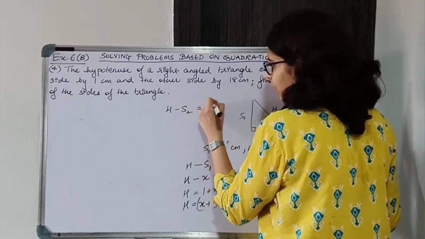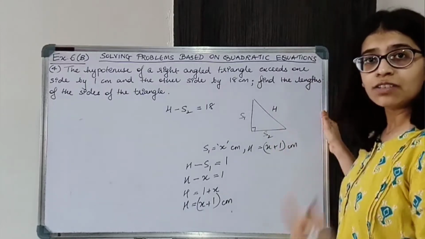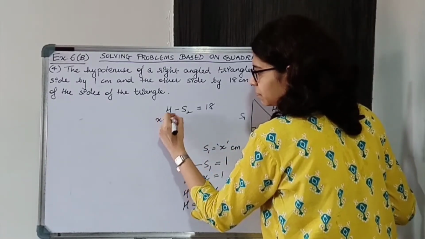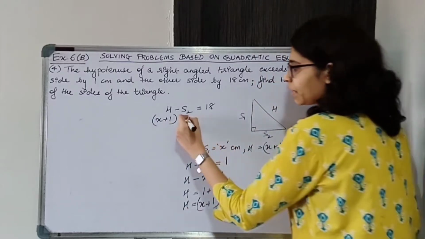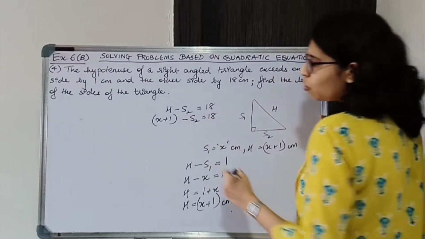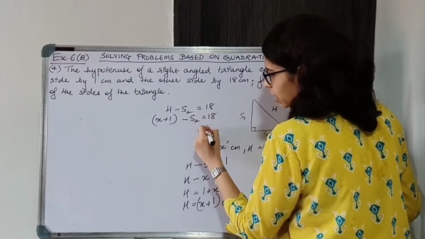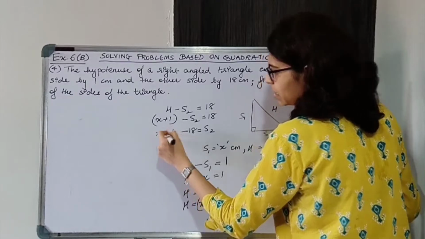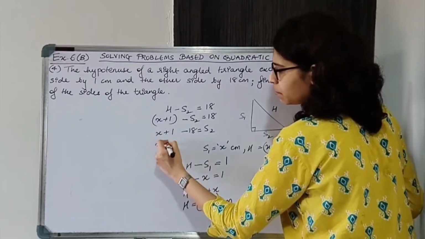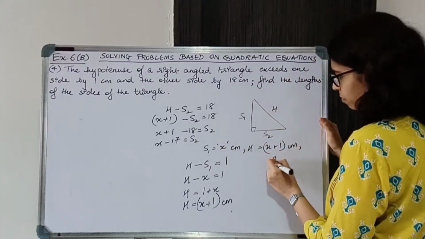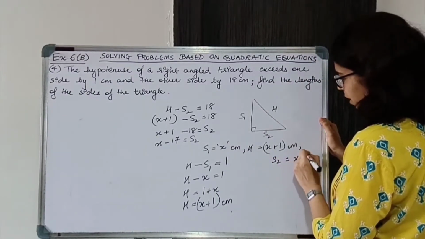Now what is h? x plus 1, minus S2 is equal to 18. So shifting S2 to the other side and 18 to the other side, x plus 1 minus 18, that is x minus 17, is S2.